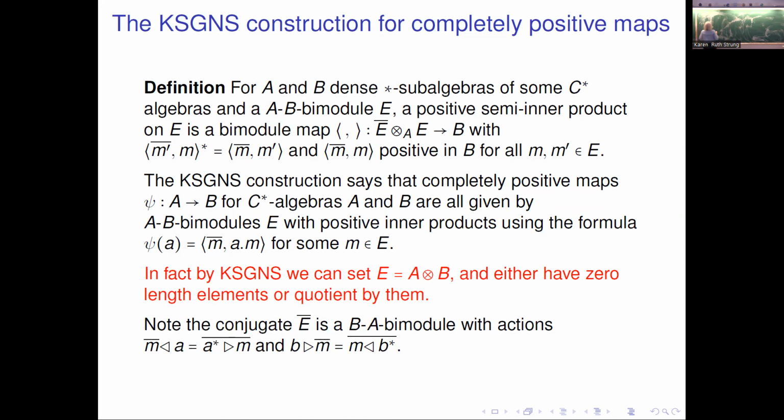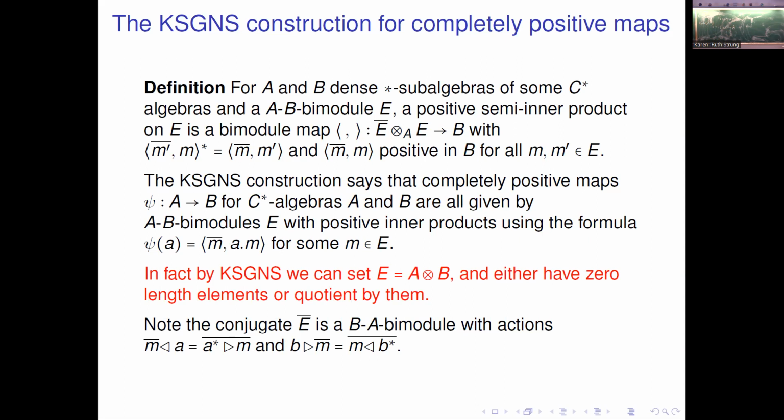Now, but suppose that my inner product actually takes values in another algebra, and that it is positive in the sense that if I take the inner product of something with itself, then I end up with an element which is greater than or equal to 0, which is positive.